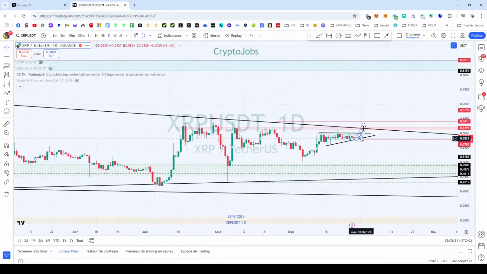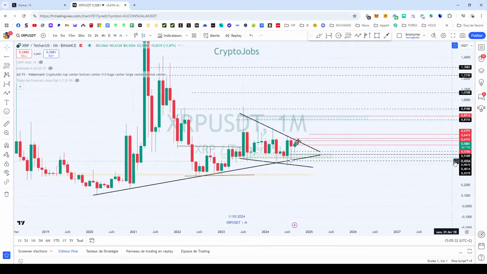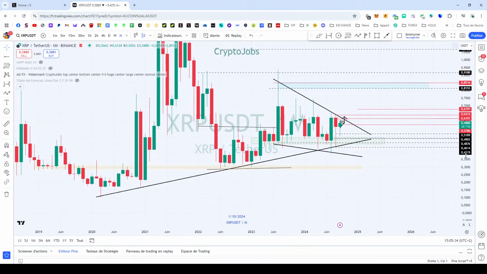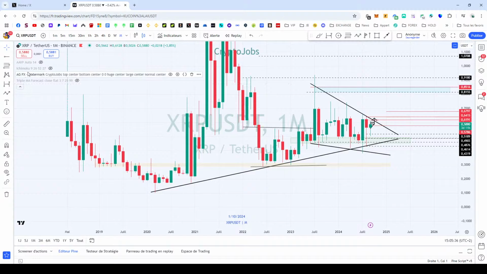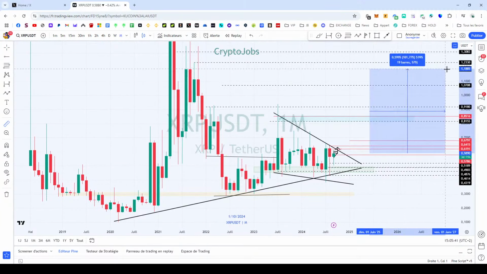But I think as long as it remains below even 0.8... I don't care about XRP being 20% above, because if there is news regarding the banking system and integration in many countries, XRP can be a multi-trillion dollar token.